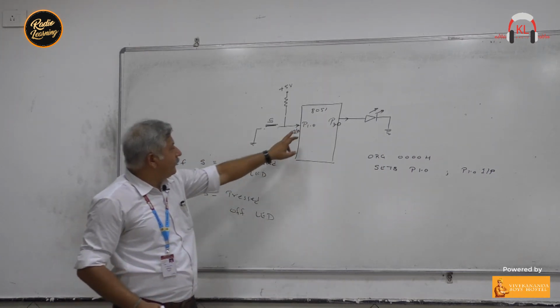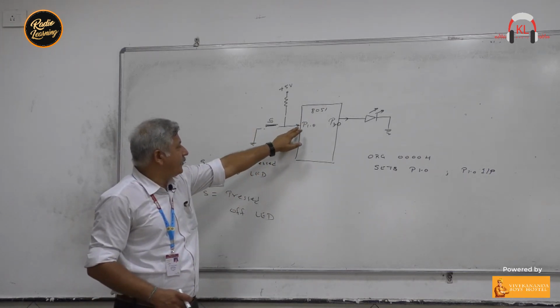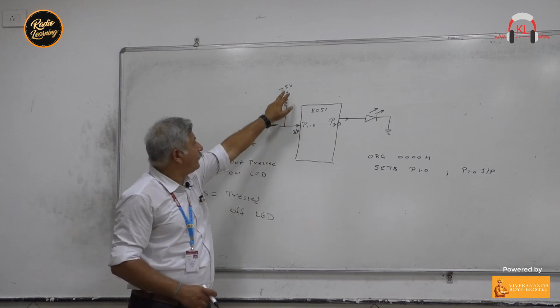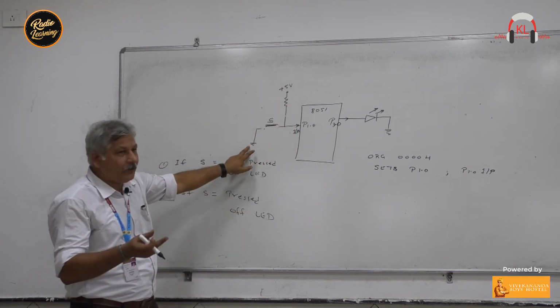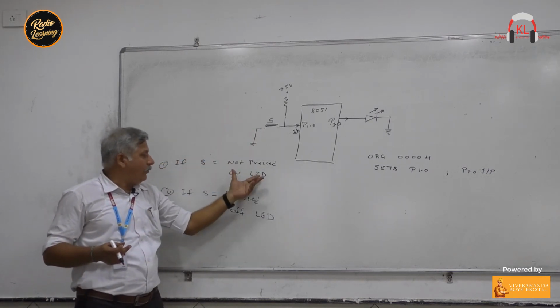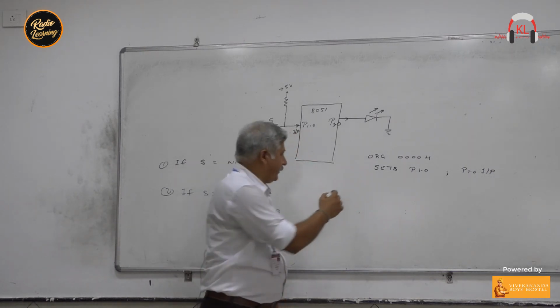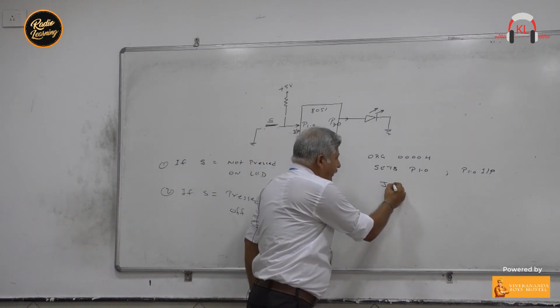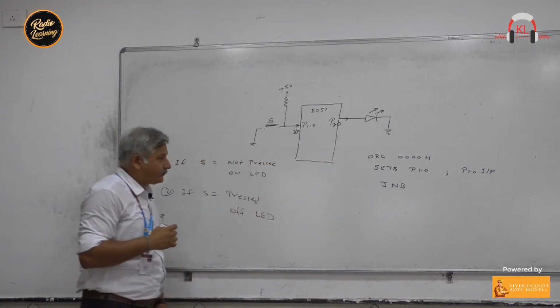Now I will monitor the value of this pin. Depending upon whether this pin is at binary 1 or binary 0, only two values will be there, depending upon these two values, I will make my LED on or LED off. So for that, I will write one instruction, JNB. JNB means jump no bit.